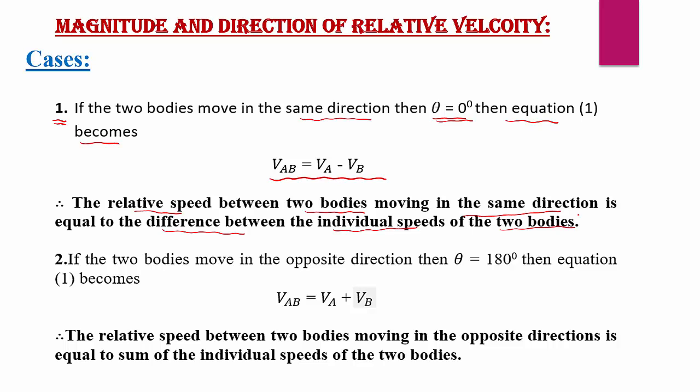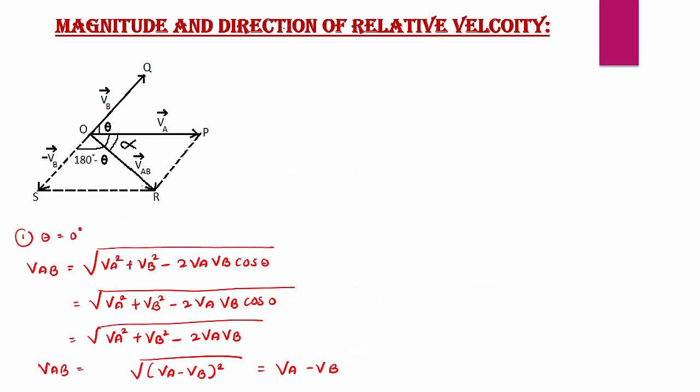Then come to the second case. If two bodies are moving in the opposite direction, then theta equals 180 degrees, then equation 1 becomes... You can observe here, that is the second case. If theta equals 180 degrees, substitute here in equation 1.